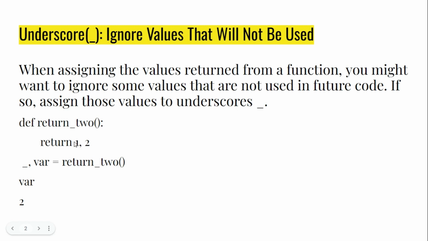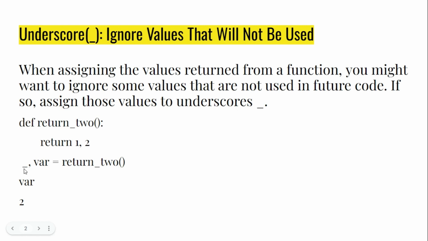I don't want to use 1. So that's why I have assigned 1 to this underscore, and var will contain 2, right? So if I print this var on the console, I will get 2. I want to ignore this 1 value, that's why I have assigned it to this underscore.